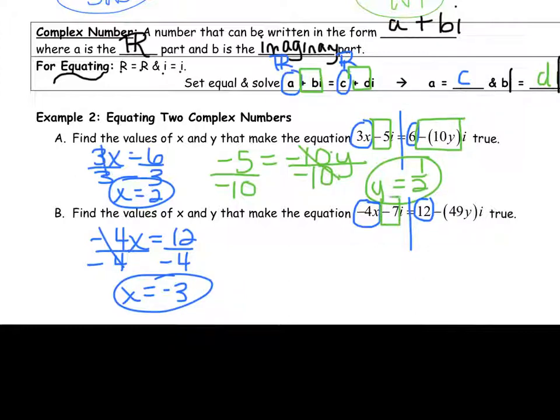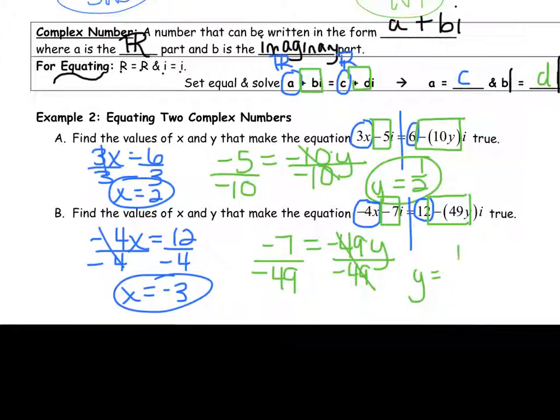We take the -7 that's in front of the i, and we take the -49y. -49 and y are multiplied together, so to undo that, we'll divide by -49 and divide by -49. And when we reduce that, it comes out to positive 1 over 7.